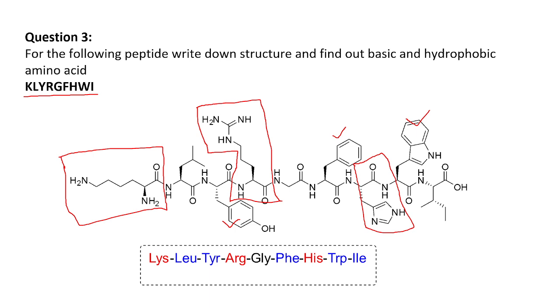So three amino acids we have which are basic in nature, and then hydrophobic ones: tyrosine, phenylalanine, and tryptophan. These three amino acids are hydrophobic in nature. Is this clear to everyone?